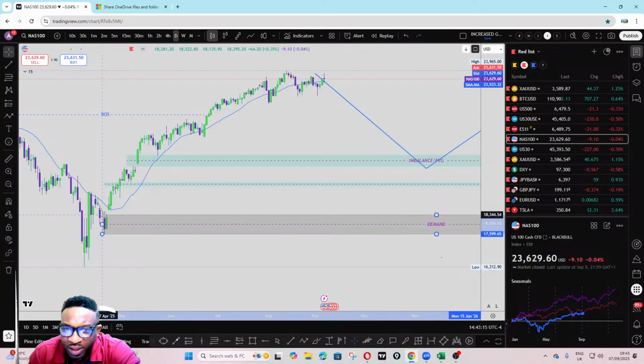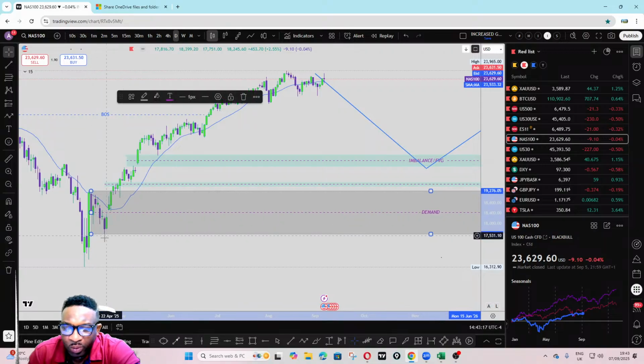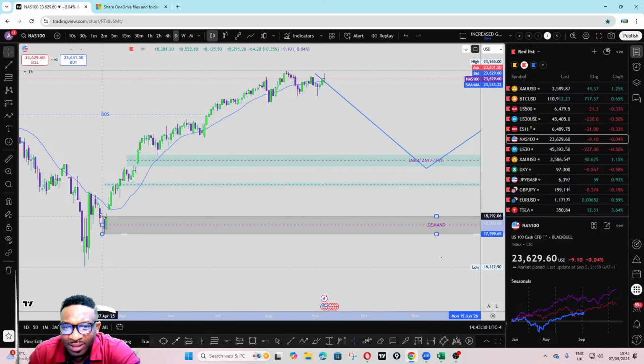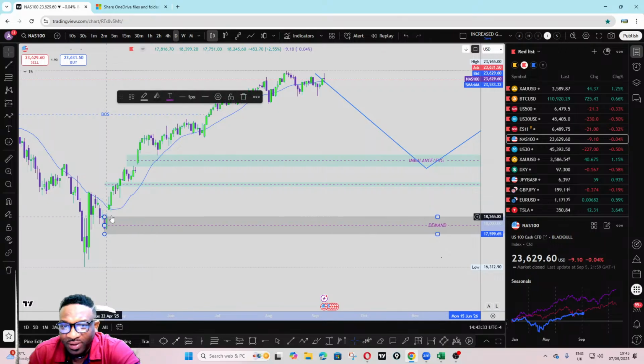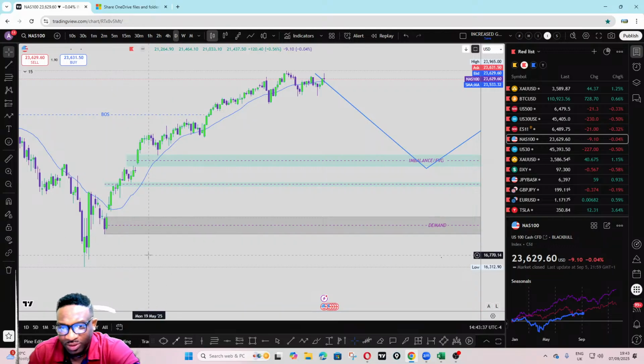Where I left the base of this demand area also happens to be the base of this last indecision candle that we want to use now on the daily. That's why I said if you want to push it to that low, it doesn't really matter, it's also good. So we have this demand zone on the daily time frame.